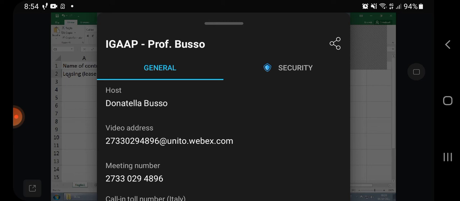Okay? So my question now is, does this type of contract, named lease, meet or not the definition of lease according to IFRS 16, in your opinion?